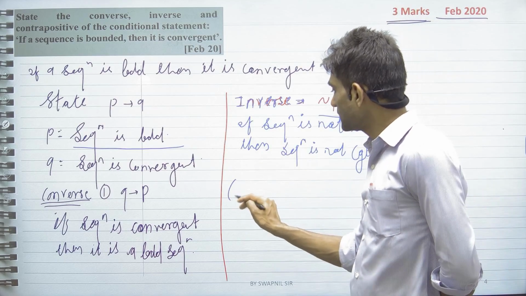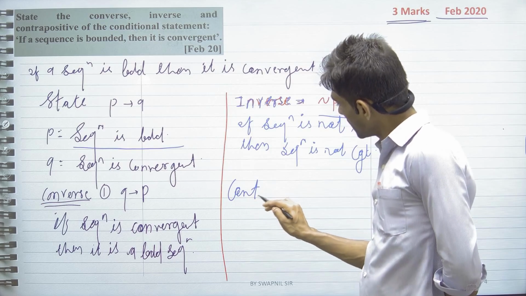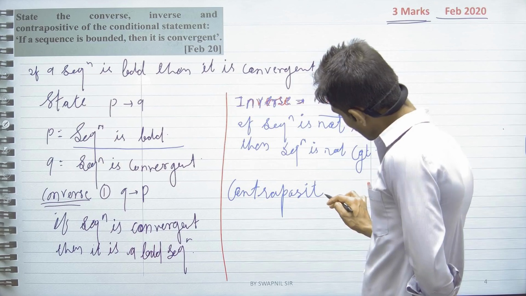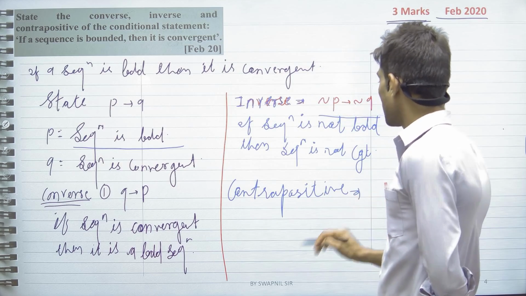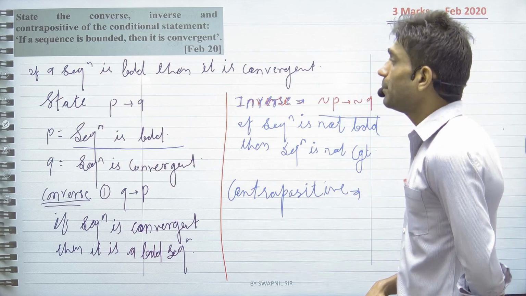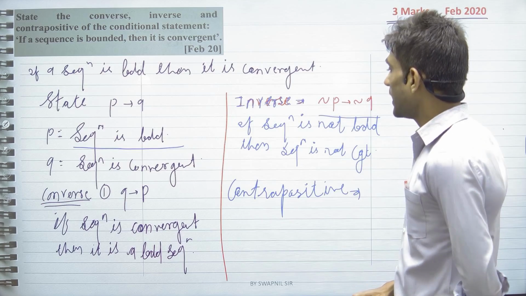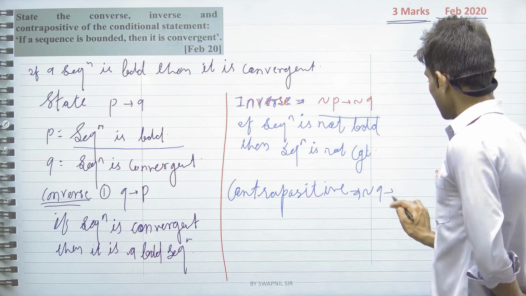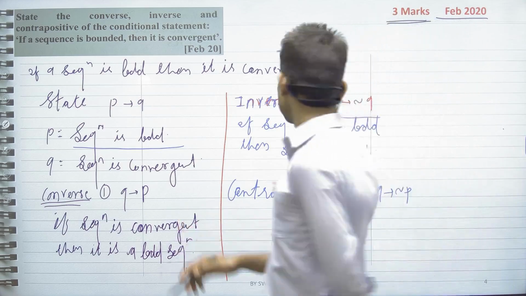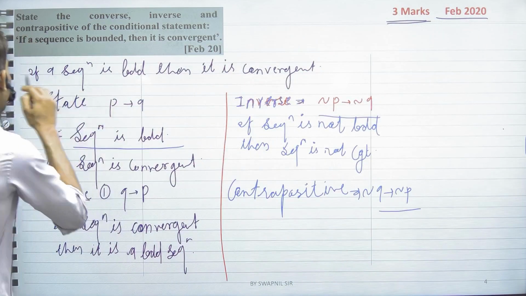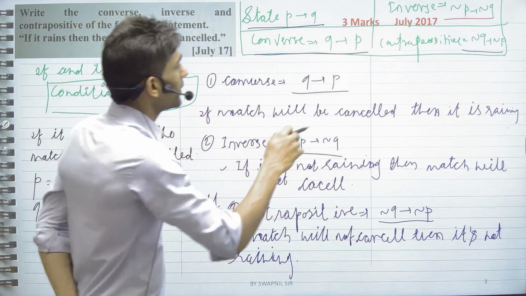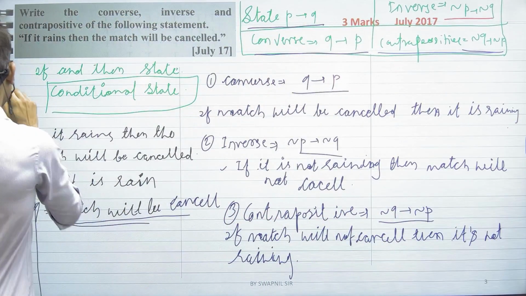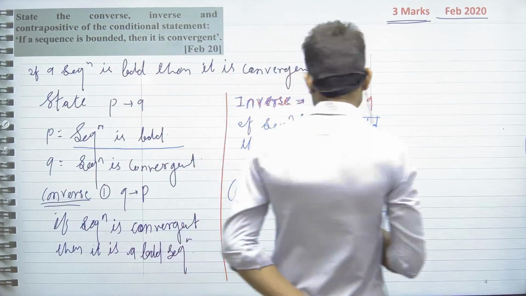Okay, last statement. Contrapositive. When we have statement P implies Q, then its contrapositive gives us negation of Q implies negation of P. So we'll add these values inside this statement.